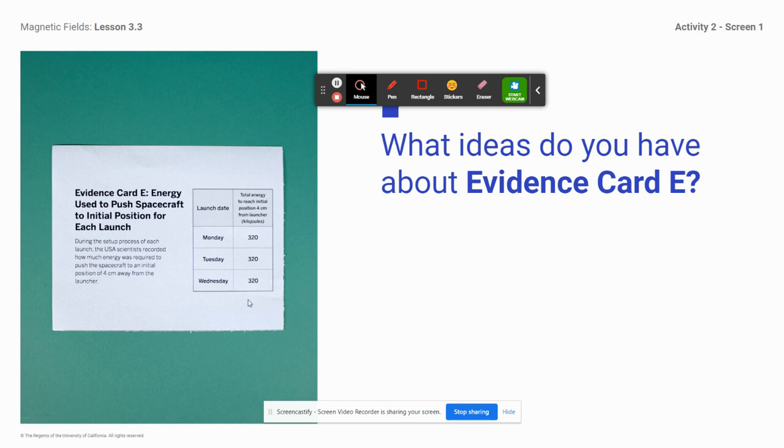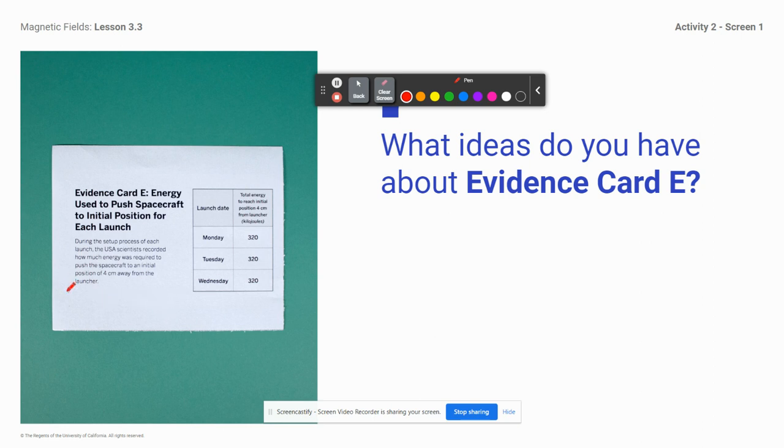What I notice is that if anything, it's not necessarily supporting anything, but it refutes 3A. 3A is saying it had to do with weak and strong magnets. But since we can see that the energy was the same each day, then every single day they were using the same magnets. We can argue that they were always using strong magnets.